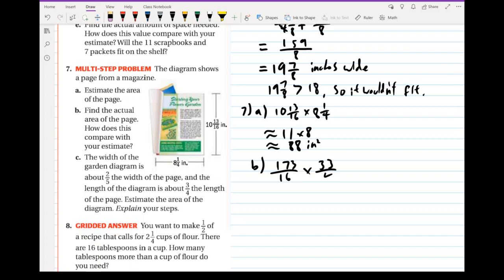I don't think that any simplifying can be done, unfortunately. 173 seems like a prime number. And so maybe we will have to actually multiply it out together.